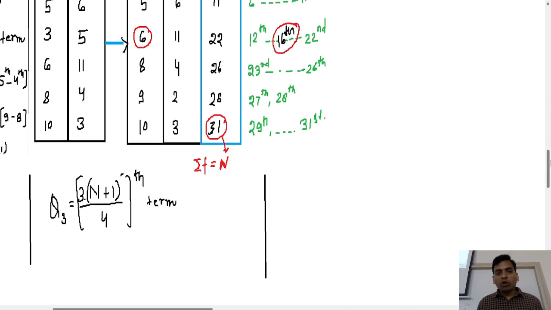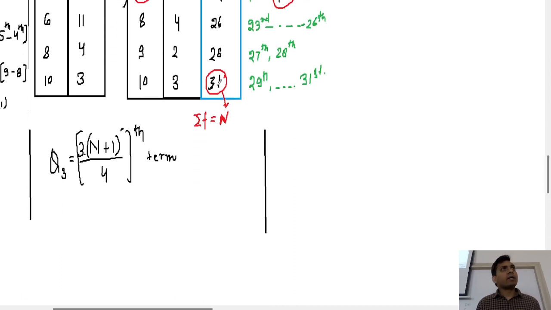Capital N in this case is 31. So you will put 31: 3 into 31 plus 1, divided by 4.